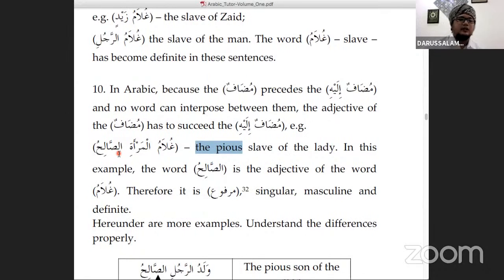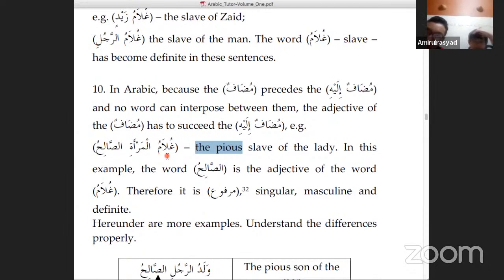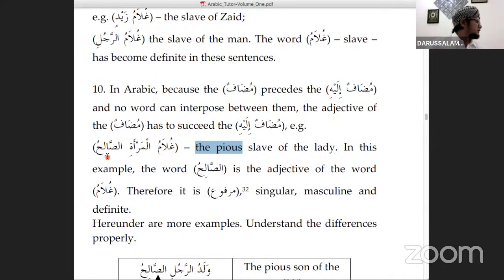They must be the same in terms of gender. Ghulam is mudhakkar or muannath? Apa lagi? Mudhakkar. Yes? Betul. So, the sifah must also be mudhakkar. Okay? Ghulamul mar'ati as-salihu. You don't say ghulamul mar'ati as-salihatu. Okay? Understand?